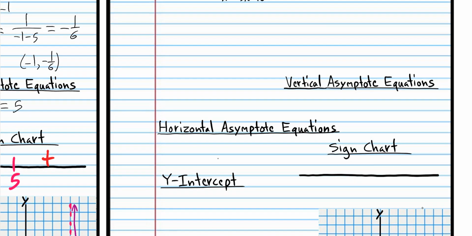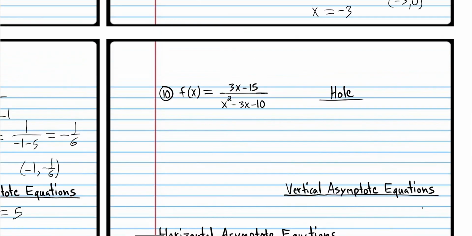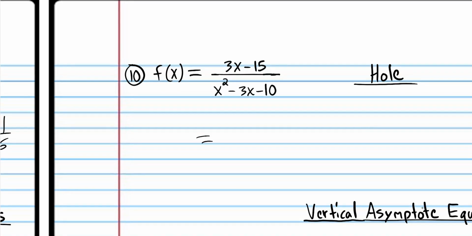And now we have to factor the numerator and the denominator. We can factor out 3 in the numerator. And the denominator is a quadratic, so we're going to factor that.